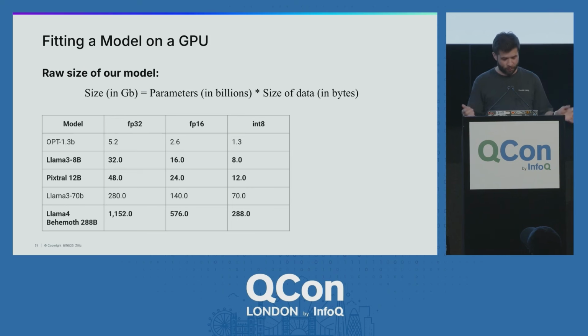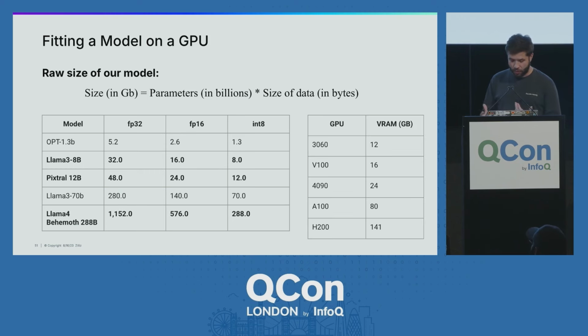Llama 4 Behemoth, which is 288 billion parameters, in FP16 is going to be 576 gigabytes of RAM. Of course, we optimize them, we quantize them, but that's still a lot of RAM, and that is only to load the models. You're still not generating any tokens here, you just loaded the weights, so you have to keep that in mind.